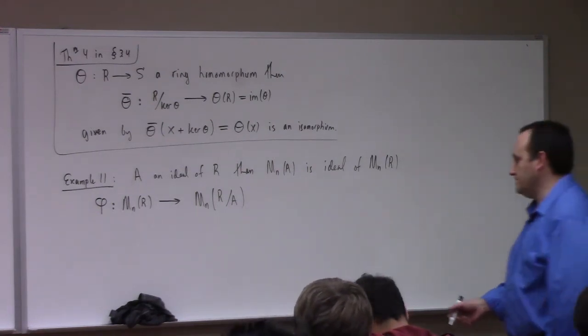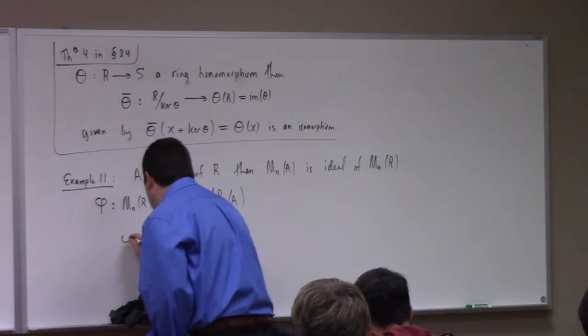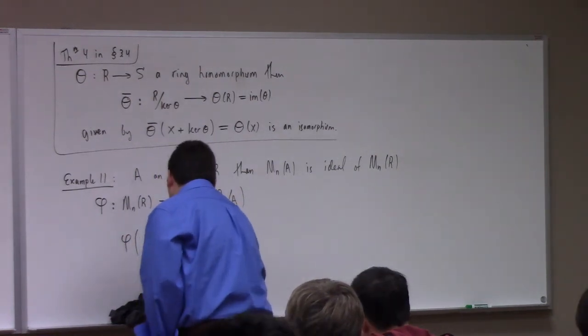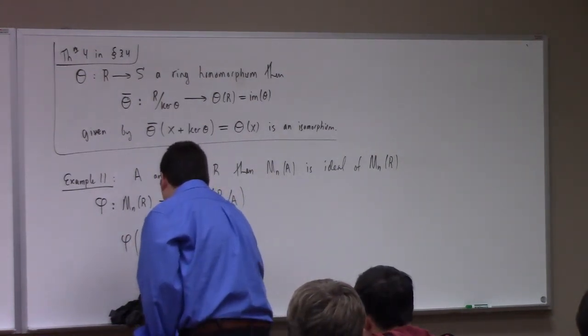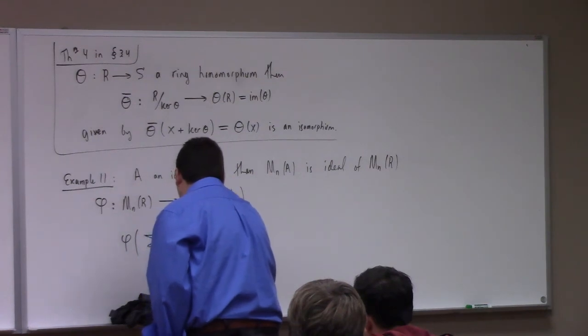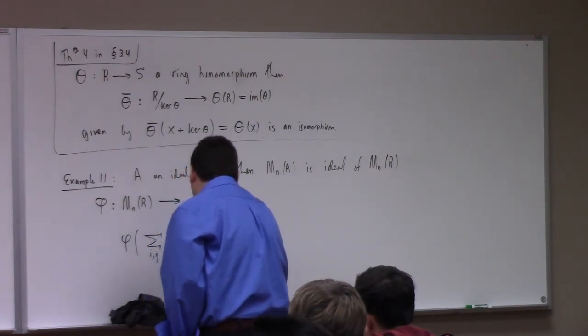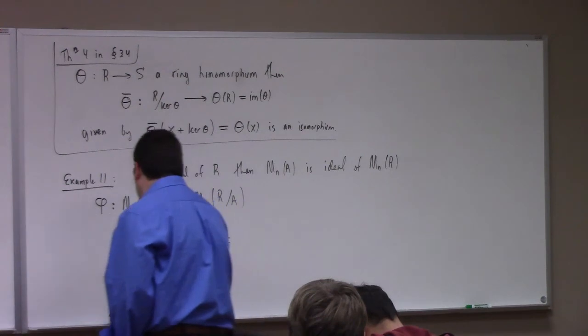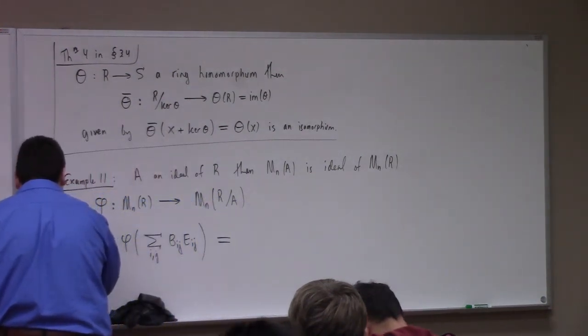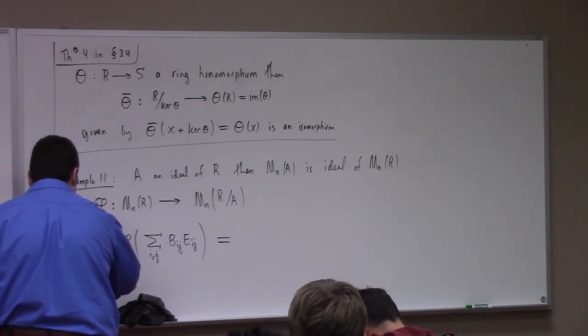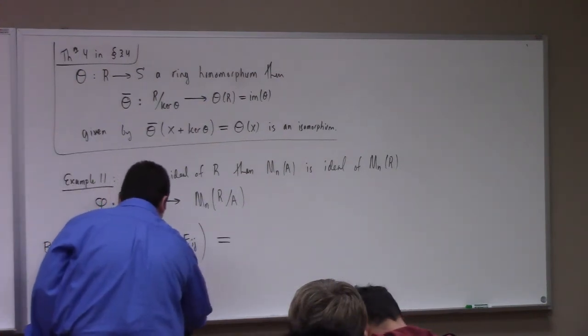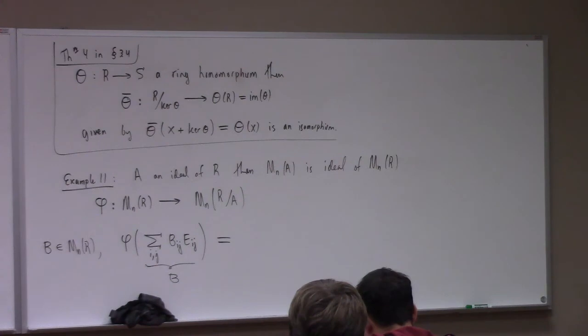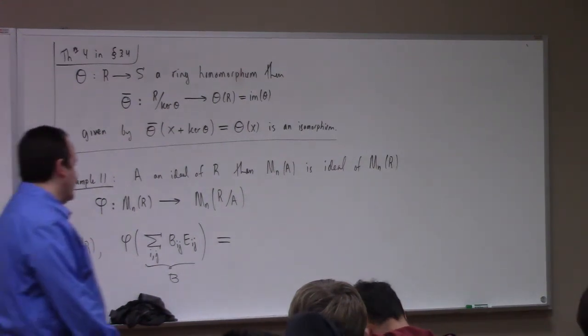Let me start you out. Phi of the sum over i and j of Bij Eij equals what? Maybe I need some notation.